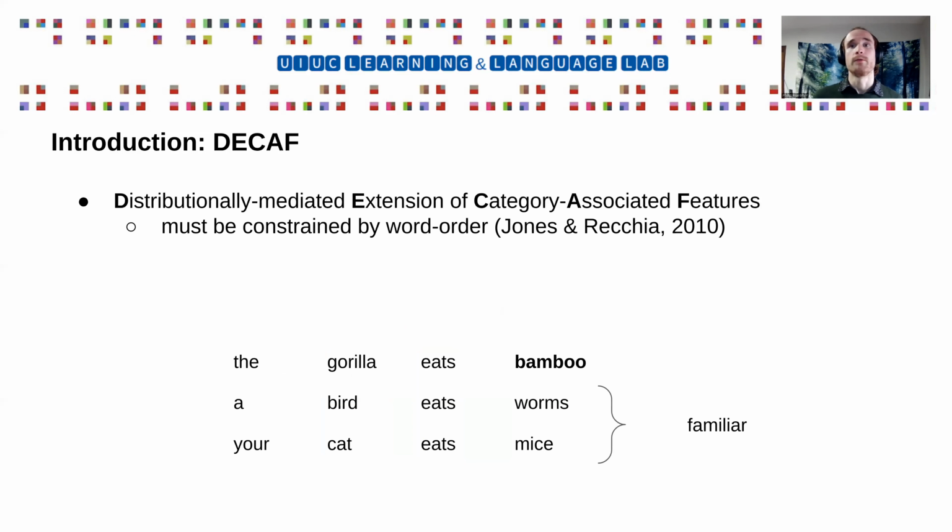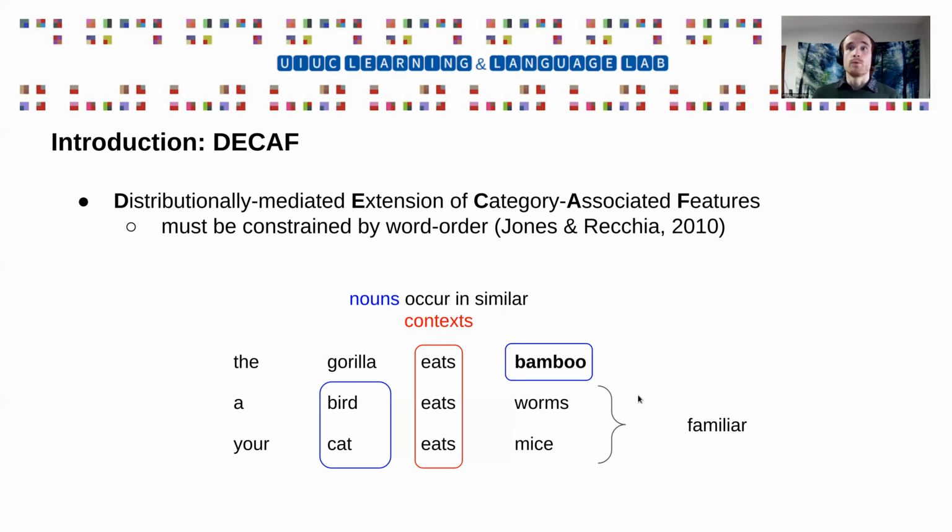For example, if you didn't know the word bamboo, you would be incorrect to assume that just because bamboo also co-occurs with eats, the words bird and cat here would be relevant. The failure here is to keep track of the order. In particular, bamboo occurs after the verb eats and not before.